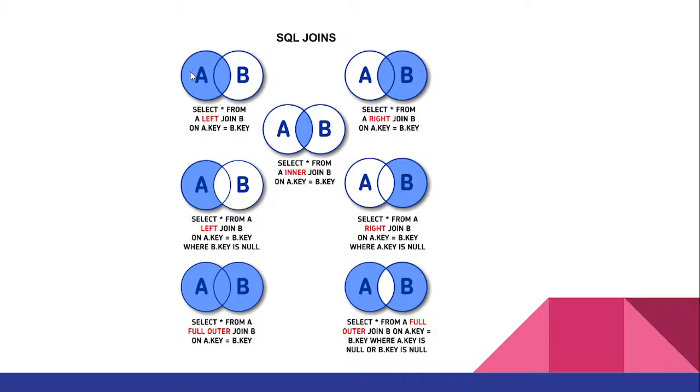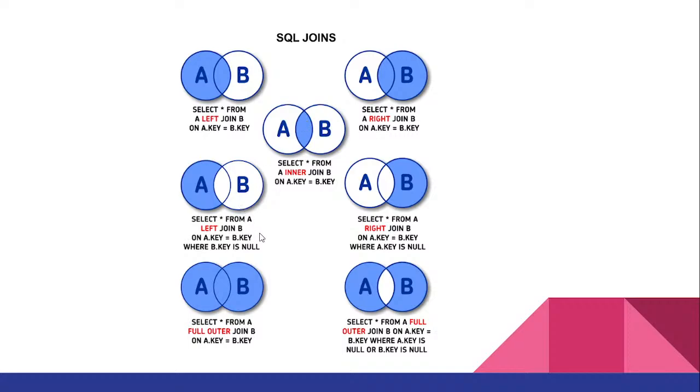We will get all of the data in table A, and whatever is common with B. When we say right join, we'll get all of the data in B, and the common data with A. When we say just inner join, we only get the inner common part.